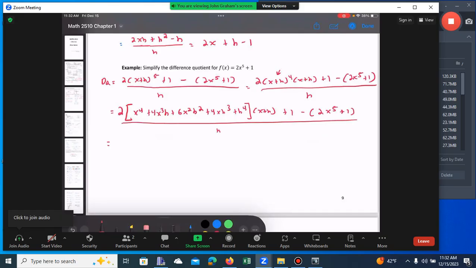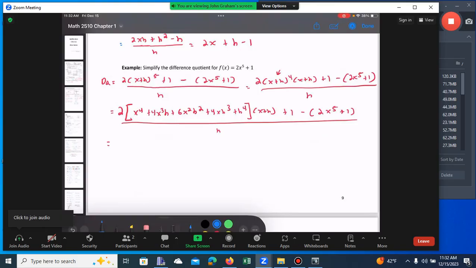So we'll multiply the x plus h in to all of these, and then we'll be multiplying it by 2. I'm going to try to do that in one step here. So multiply every one of these by x and 2, and then every one of these by h and 2.